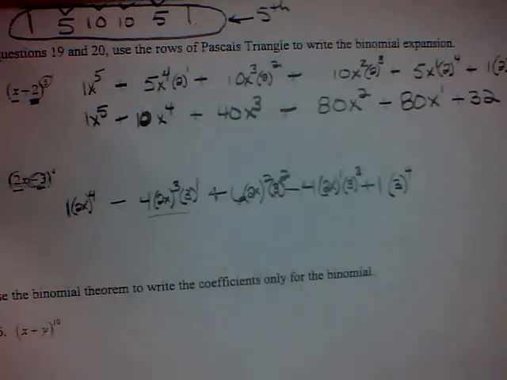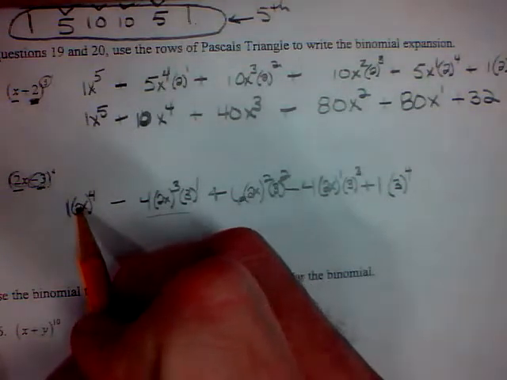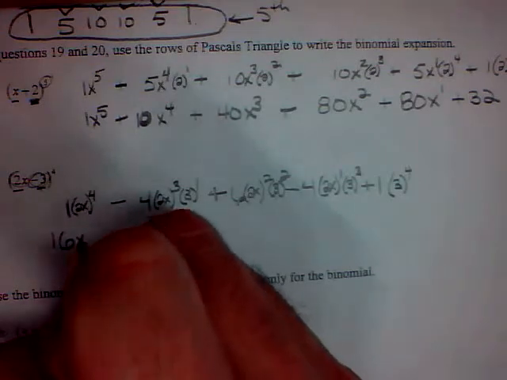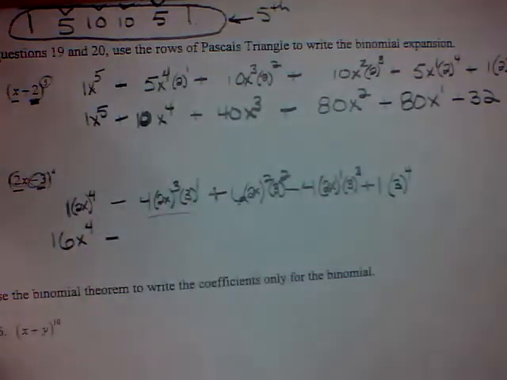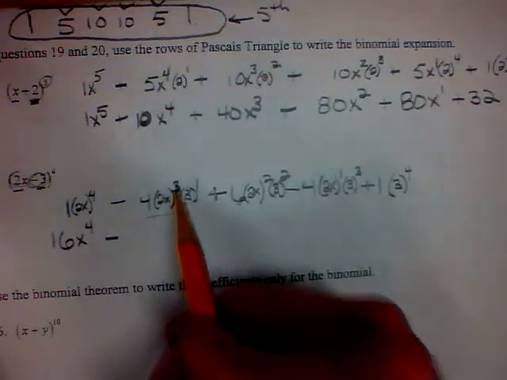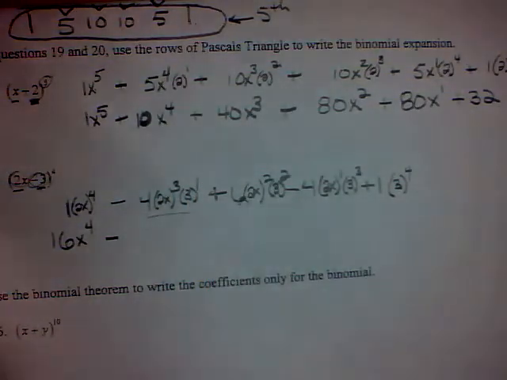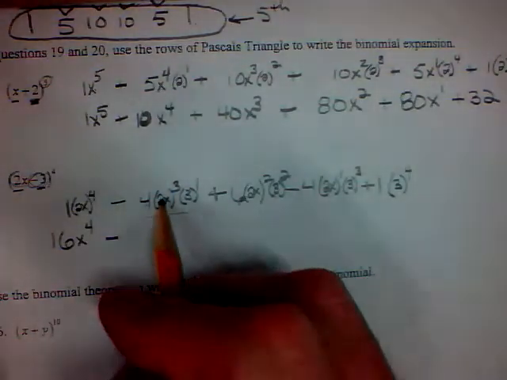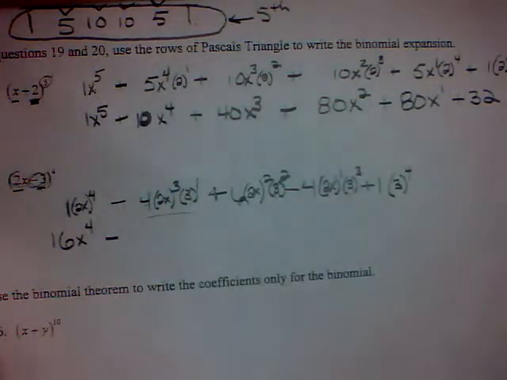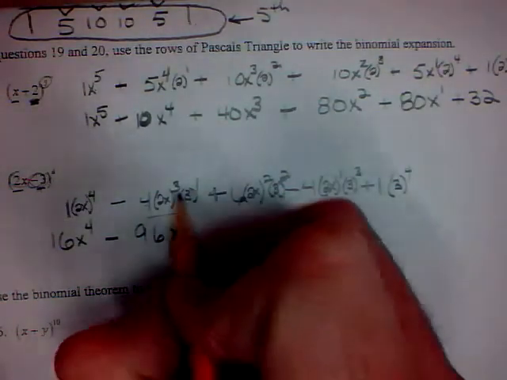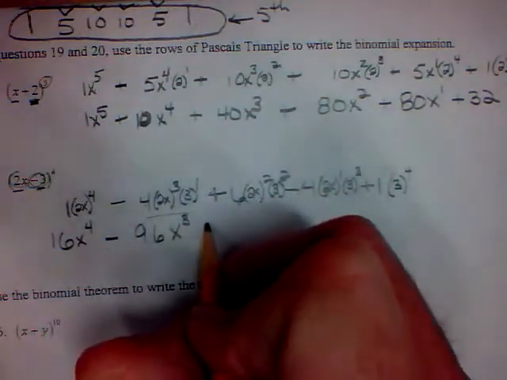So on this one here, we've got 2 to the fourth, which is 16, times 1 is 16, x to the fourth, minus, now here we've got a 4 times a 2 to the third times 3. So you've got 4, 2 to the third is 8, 4 times 8 is 32, 32 times 3 gets you 96, and then that's x to the third.